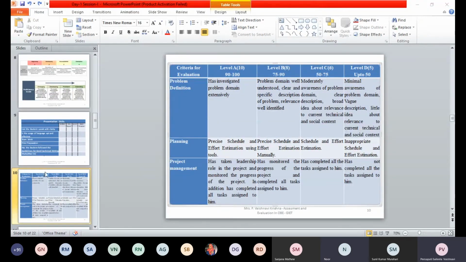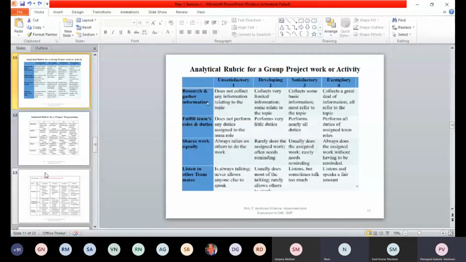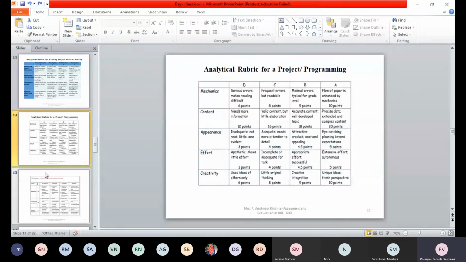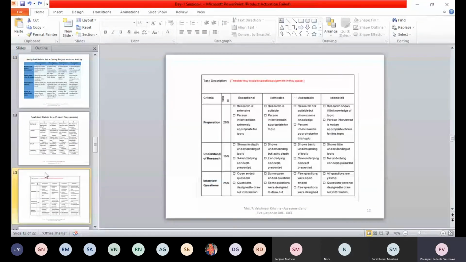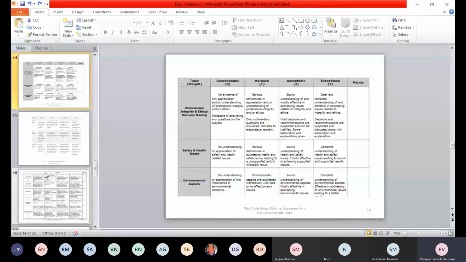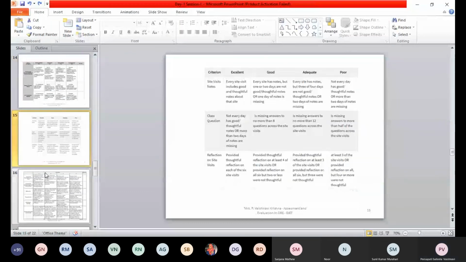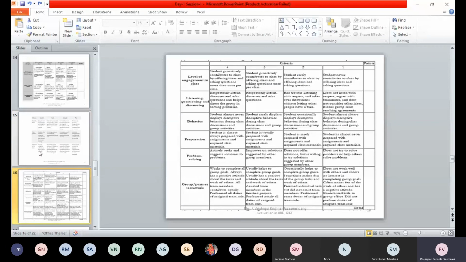Okay, so here are such examples. This is for a group work, project work. This is for a project planning, and this is one such wherein this is for a technical research interview. Okay. This is for a site visit. These are all rubrics.